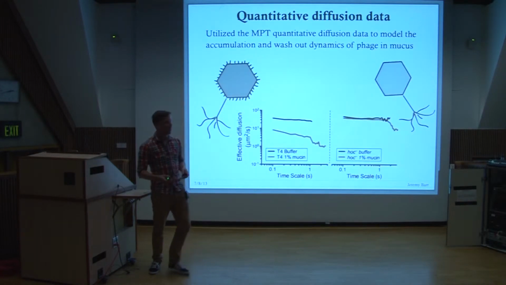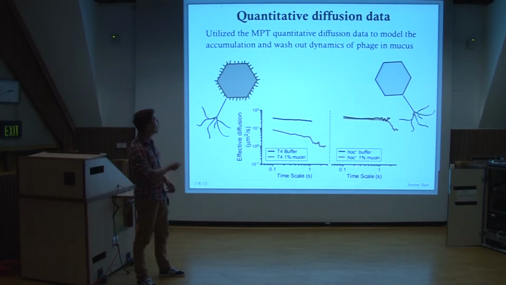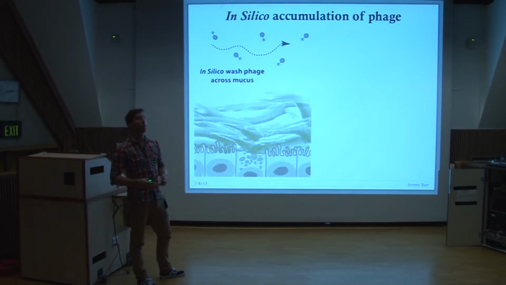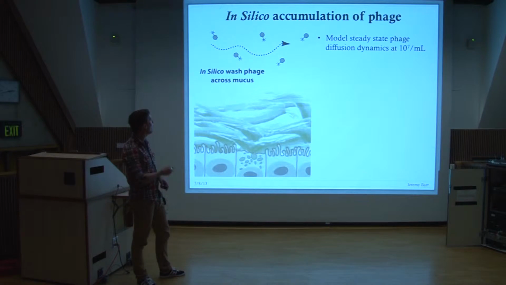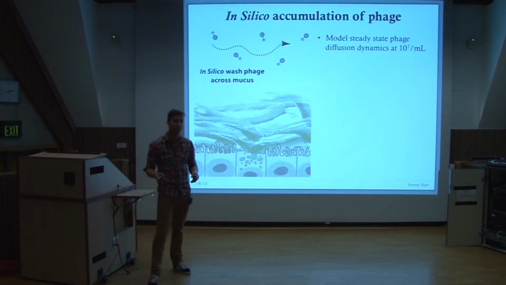So taking this all together, we wanted to take our quantitative diffusion profile data and apply it to do some modeling and track the accumulation and washout dynamics of phage in a theoretical mucosal surface. So to do this, we performed some in silico modeling. And here what we're doing is we're modeling the wash of a phage concentration at 10 to the 7 particles per mil across a mucosal surface of 100 micrometers in depth.